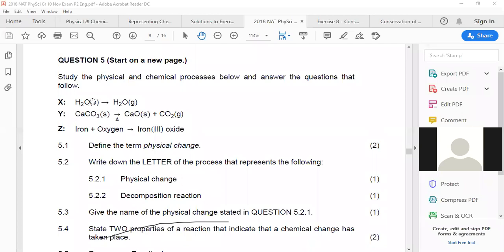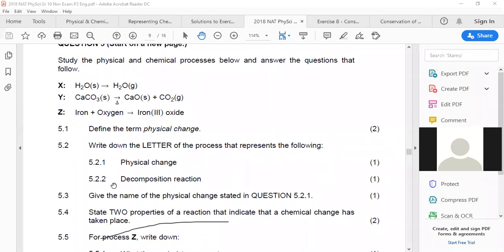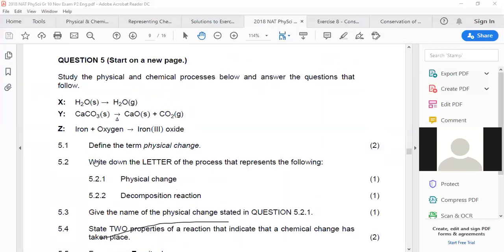Water is just changing from ice to vapor, so the substance is not changing. That would be the answer. 5.2.2, the decomposition reaction. Which one is the decomposition reaction here? We're starting with 1 and we're ending up with 2. So that's a decomposition reaction. The other one, Z, becomes synthesis because we're starting with 2, ending up with 1.